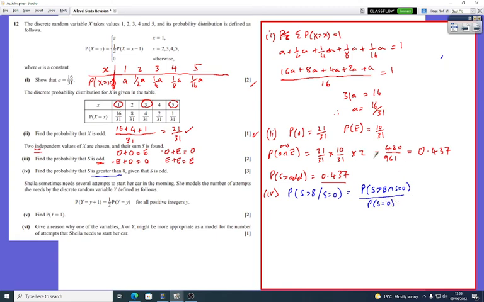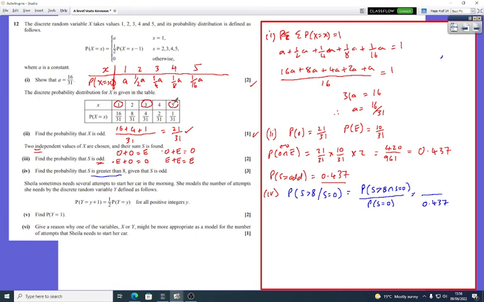We already worked out S is odd, so I'm just going to quickly put 0.437 here.